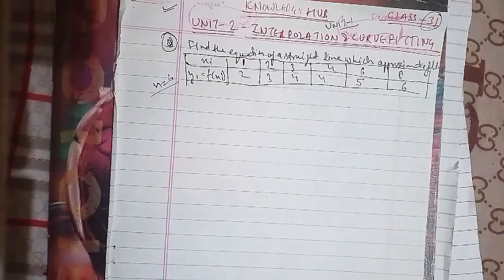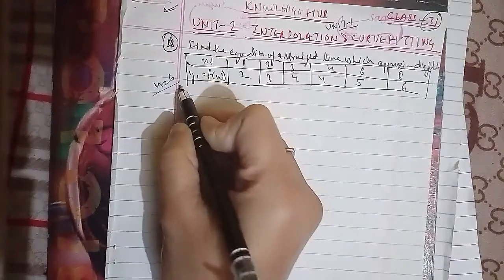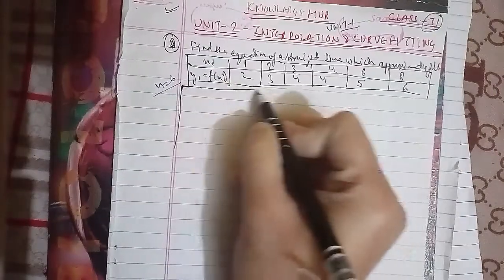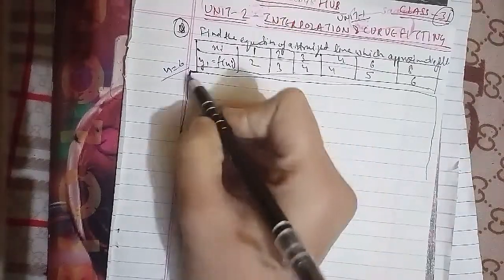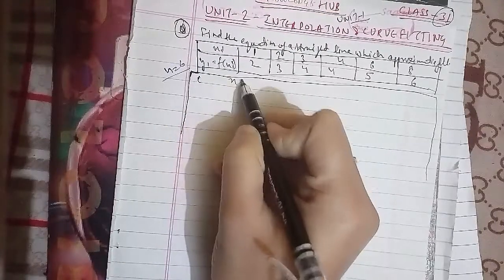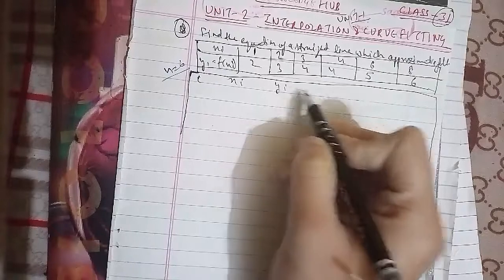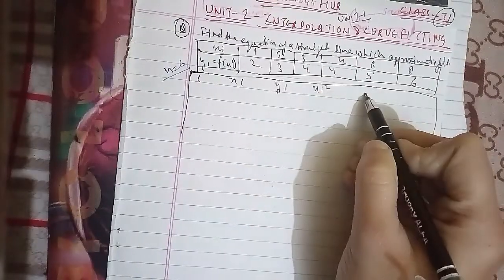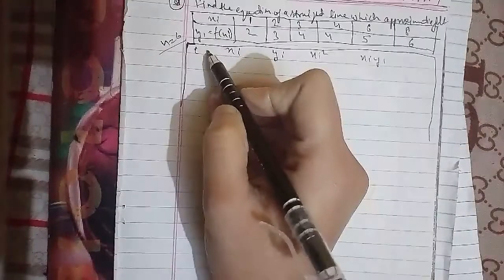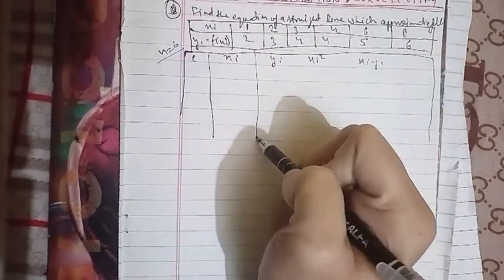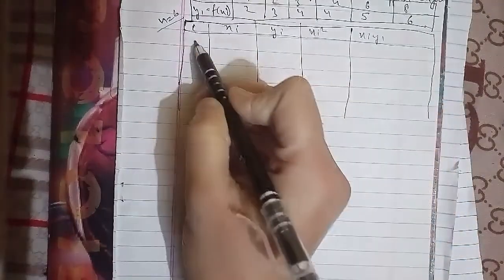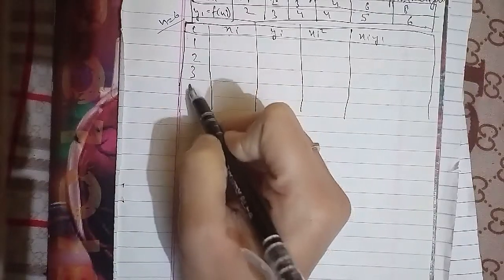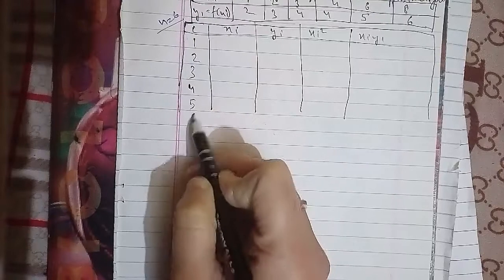So we go ahead and make a table with the columns i, xi, yi, then xi square, and then xi yi, for rows 1, 2, 3, 4, 5 and 6.